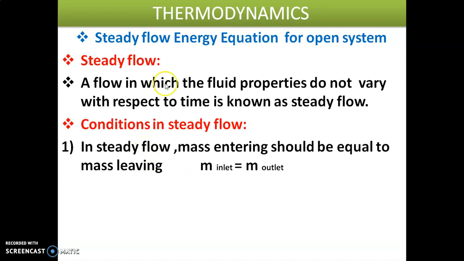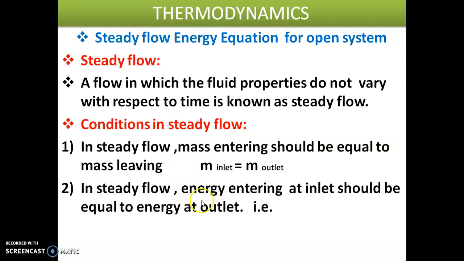And second condition, in steady flow, energy at inlet should be equal to energy at outlet. These are the two conditions we have to follow while deriving the steady flow energy equation for open system.